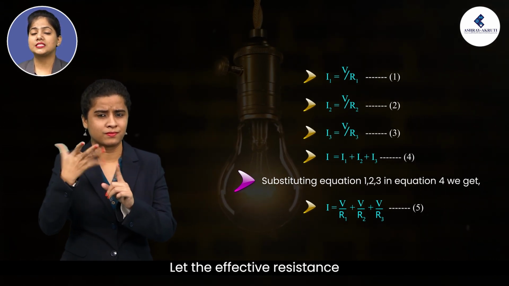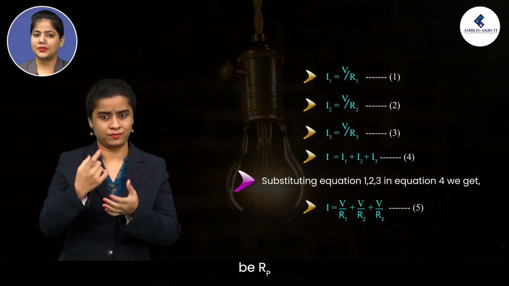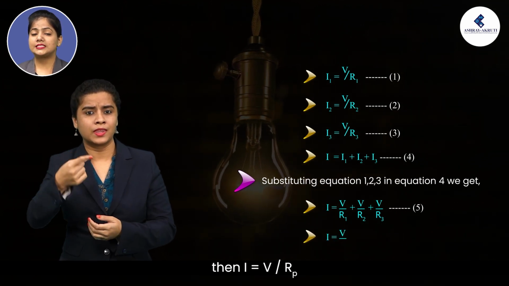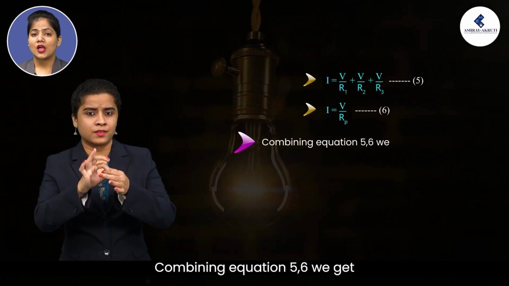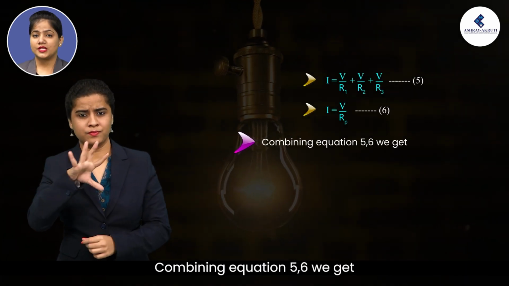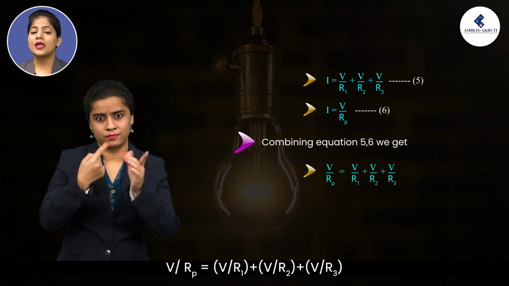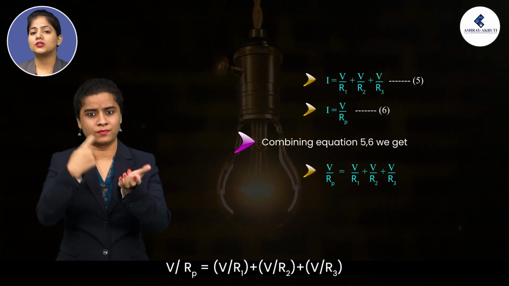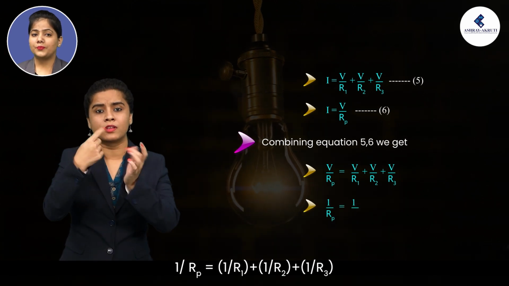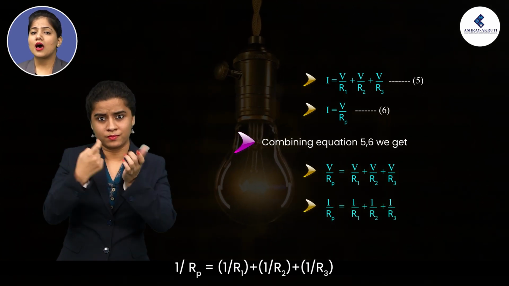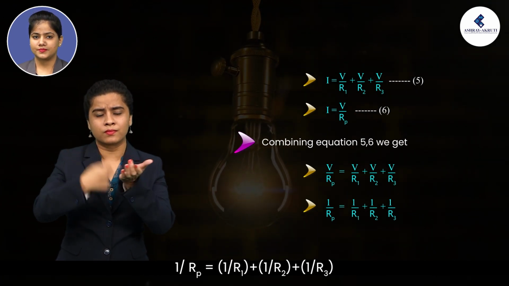Let the effective resistance of the parallel combination of resistors be Rp. Then I is equal to V by Rp. Combining equations 5 and 6, we get V by Rp is equal to V by R1 plus V by R2 plus V by R3. 1 by Rp is equal to 1 by R1 plus 1 by R2 plus 1 by R3.